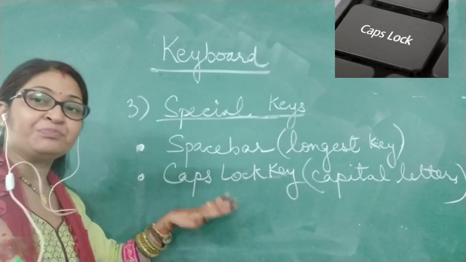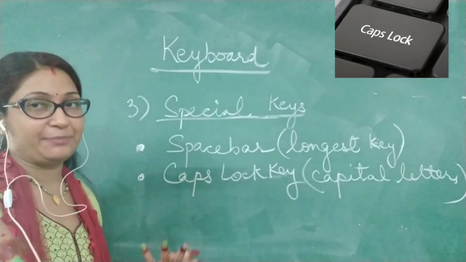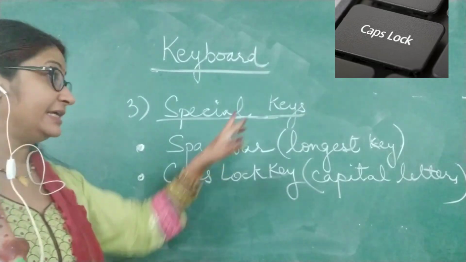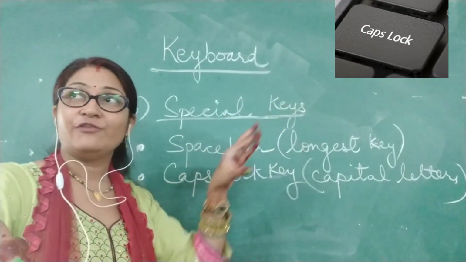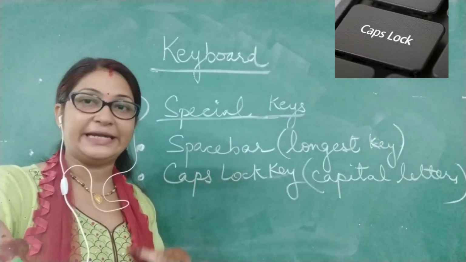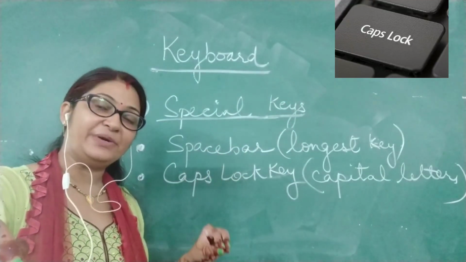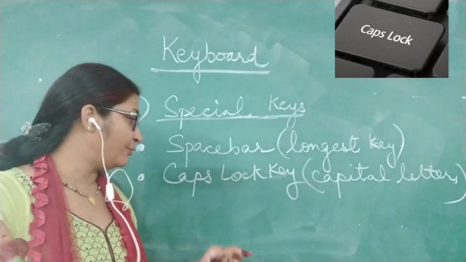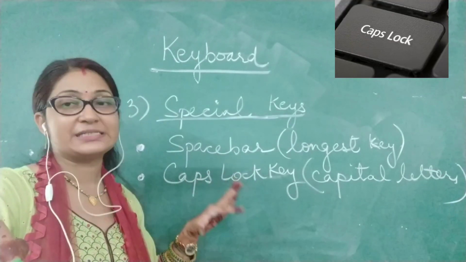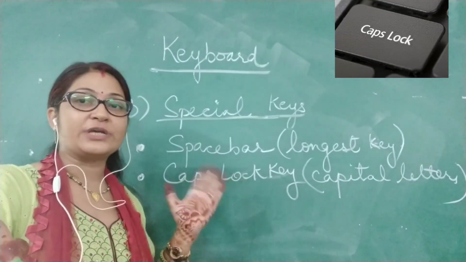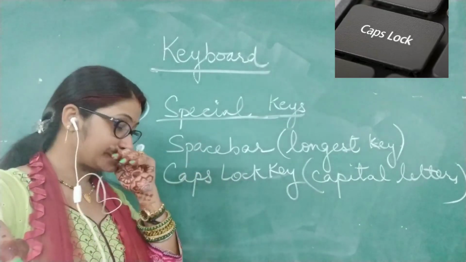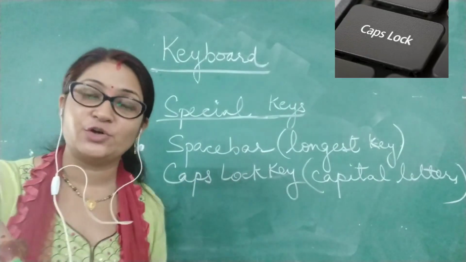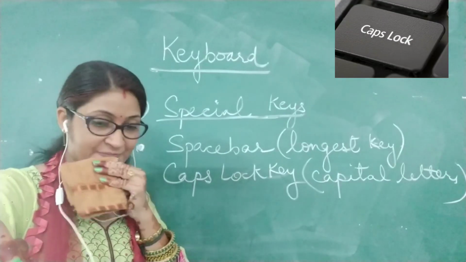Press this key and your alphabets will be in capital, because you might have noticed that on the keyboard we don't have small letter keys. We only have the capital letters, but simply by pressing caps lock once or twice we can switch to capital or small letters.